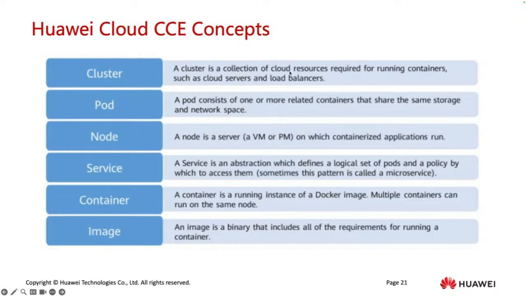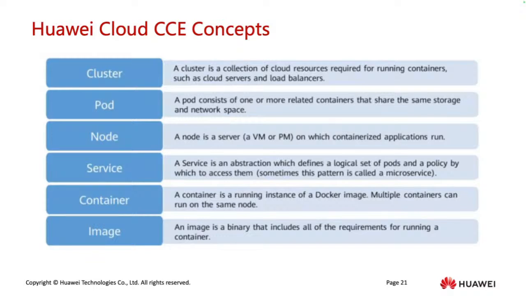So a cluster is a collection of cloud resources required for running containers, such as cloud servers and load balancers. And a pod consists of one or more related containers. They share the same storage and network space. And what is a node? A node is a server on which containerized applications can run.